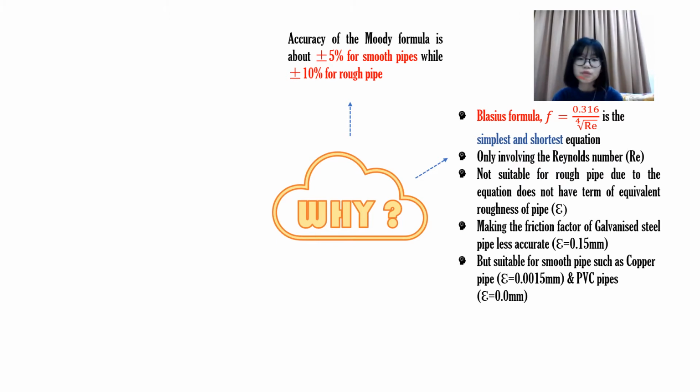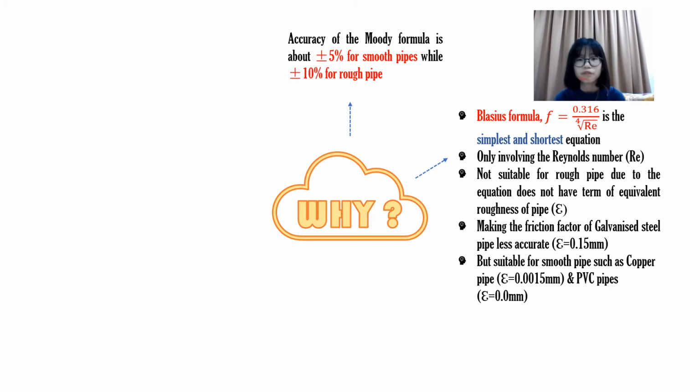Besides, the Blasius formula is not suitable for rough pipes because the equation does not involve the equivalent roughness of the pipe. Therefore, the friction factor for the galvanized steel pipe obtained by this equation is less accurate as it is a rough pipe with 0.15 mm roughness. However, it is suitable for smooth pipes such as copper pipe and PVC pipe, which have low equivalent roughness.